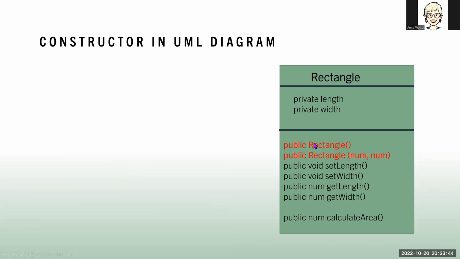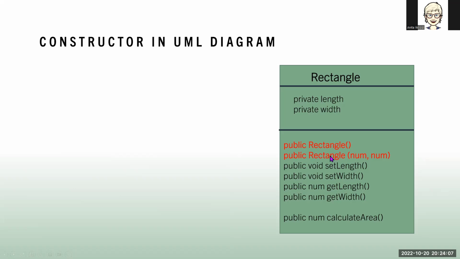What they have to do is, first of all, be public, because I have to be able to get to them from the main program, and they must have the same name as the class. Now the very first one here that has no parameters is going to be called my default one, which means I'm not looking to initialize anything with that.